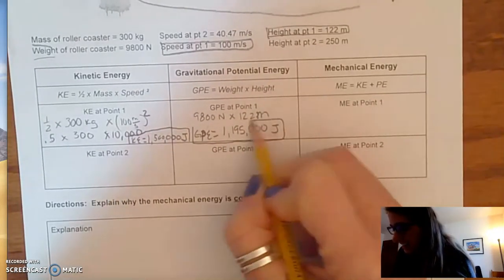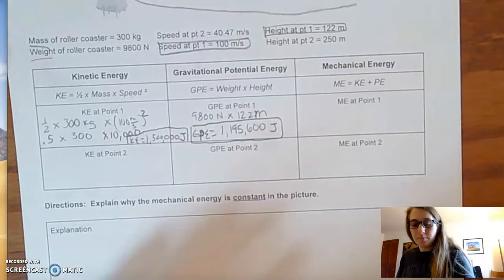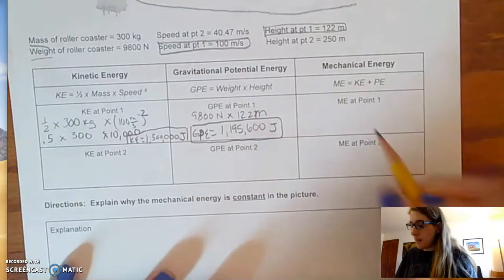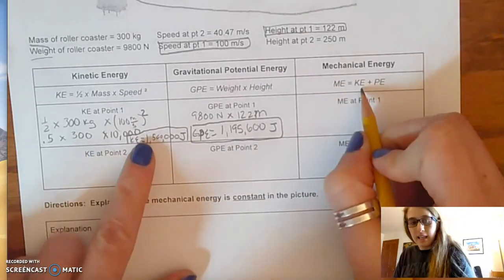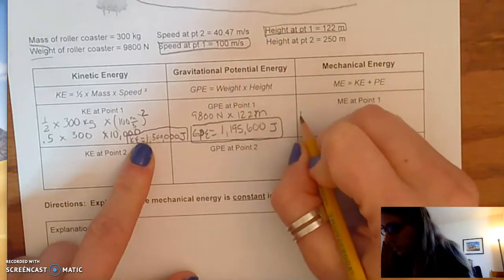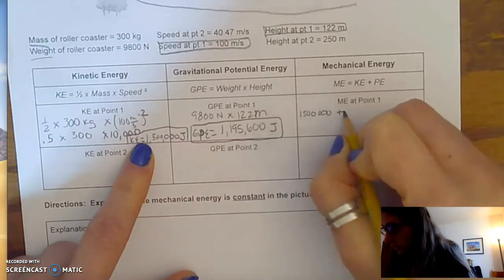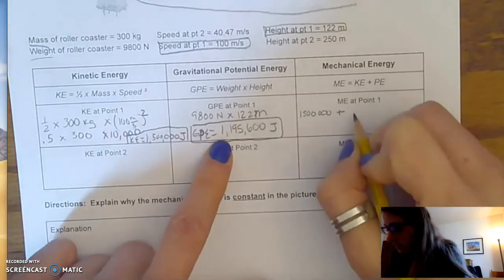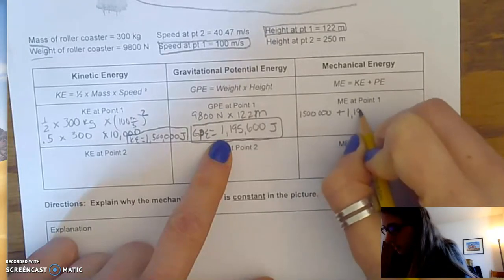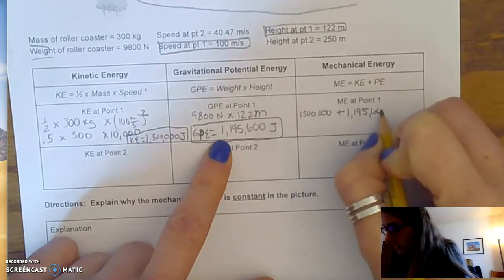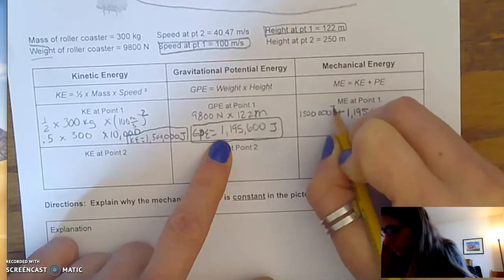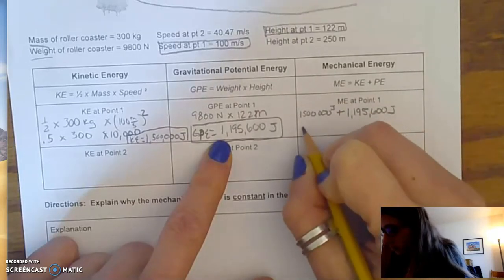So now I know that this is my gravitational potential energy at point 1. Then I need my mechanical energy at point 1. So I take the kinetic that I found, 1,500,000, plus my gravitational potential, 1,195,600 joules. I should add my unit over there and be a good role model.